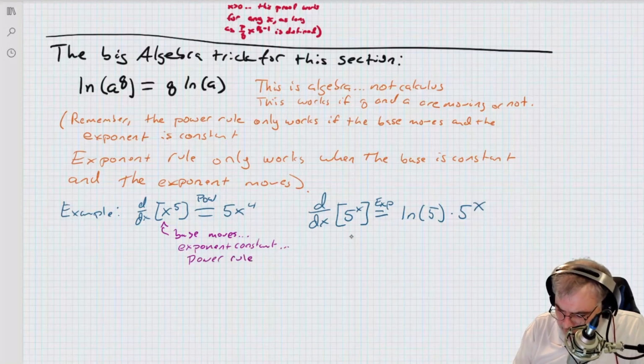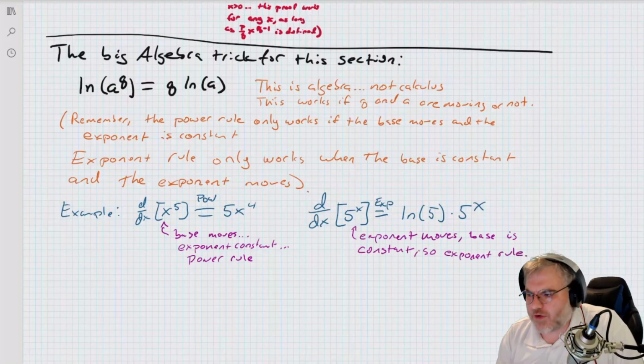Here, exponent moves, base is constant, so exponential rule. How do we feel about that, one to five?